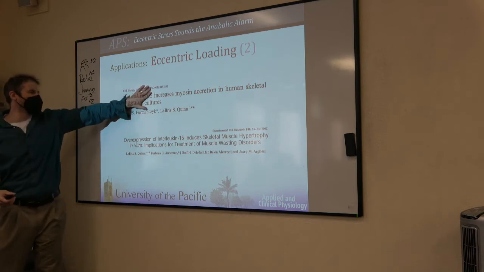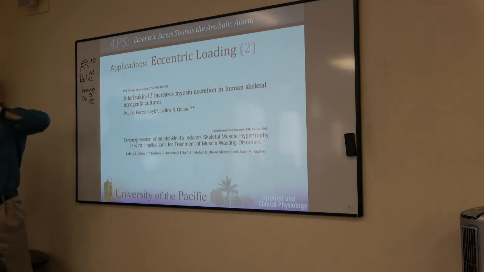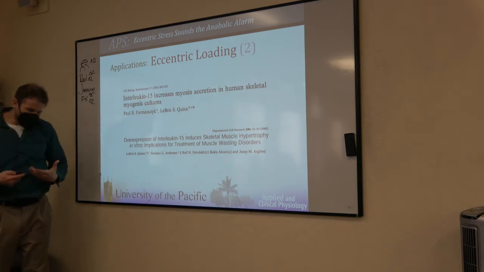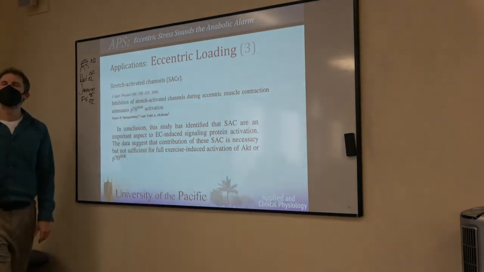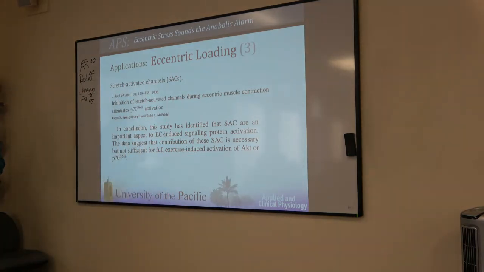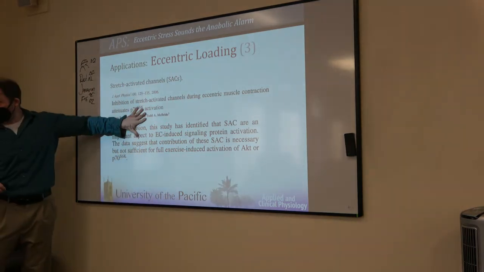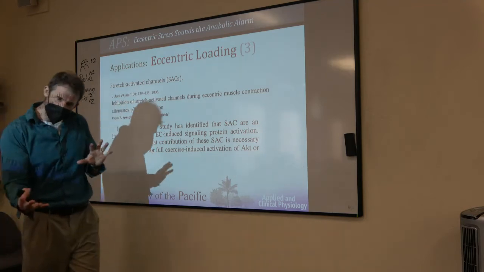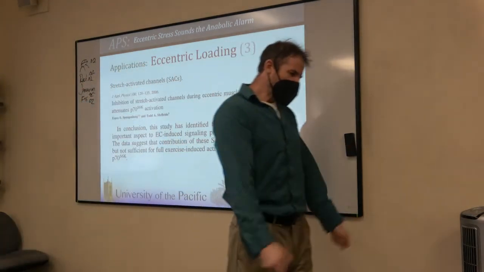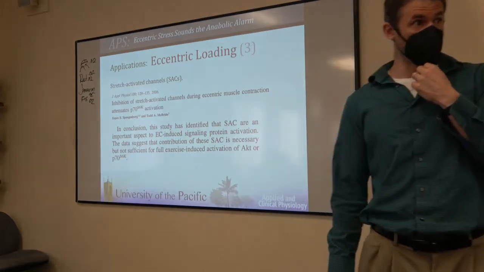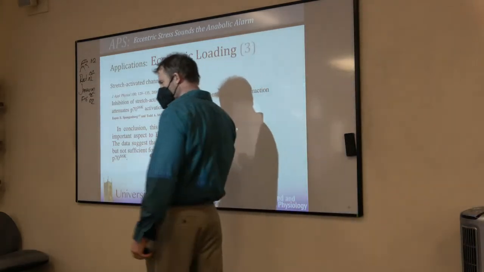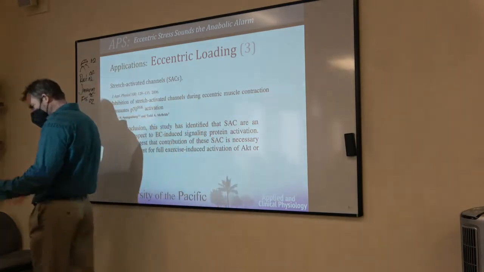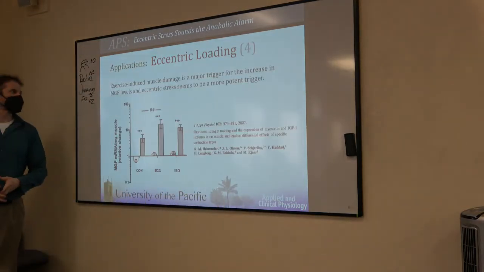And we talked about that's IL-15 here, you know, IL-2, IL-15, interferon gamma, all of those things are increased in the presence of eccentric loading, and that's part of the signal for repair and remodeling. Number 3, those stretch-activated channels. Let's get some calcium into the cells. That signal is augmented with eccentric loading. So the calcium signal is also increased.